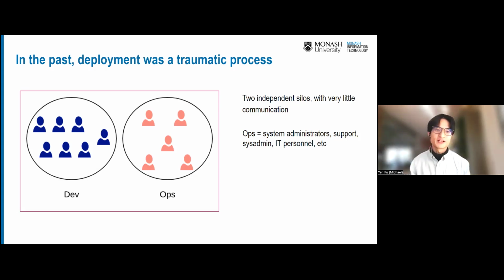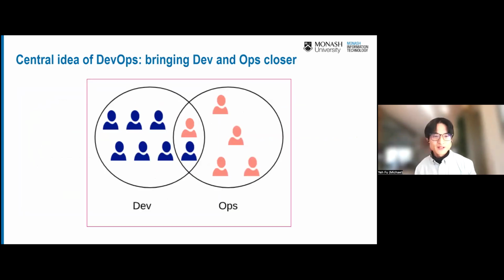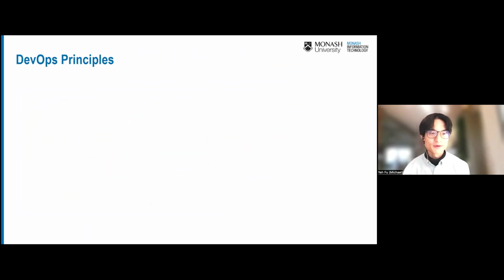This is no good, because the operation team is going to spend a lot of time understanding the implementation behind development. So the reason that we talk about DevOps is we want to combine development and operation into one and make the communication better. We want to bridge the implementation and operation.